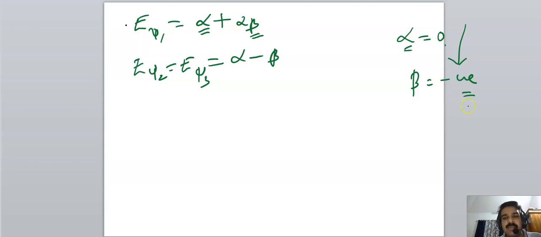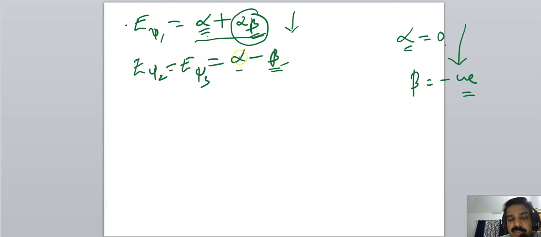Okay, alpha is negative, beta is also negative, therefore alpha plus 2 beta has lower energy than alpha, or we can say alpha plus 2 beta has a lower energy of 2 beta than energy of atomic orbital. But here alpha plus beta, sorry, this is alpha minus beta, beta is minus, so minus into minus becomes plus, therefore it has higher energy.